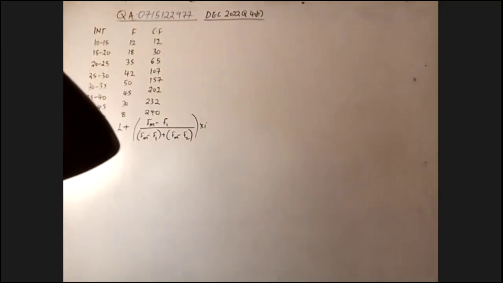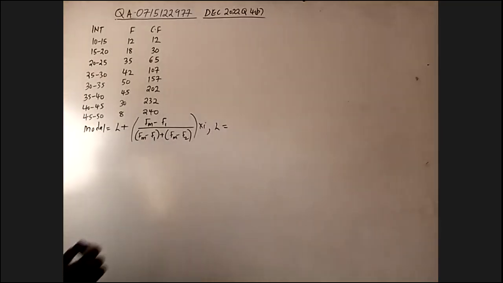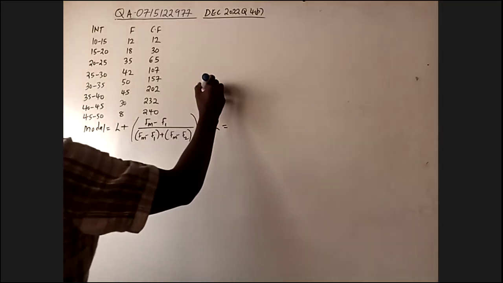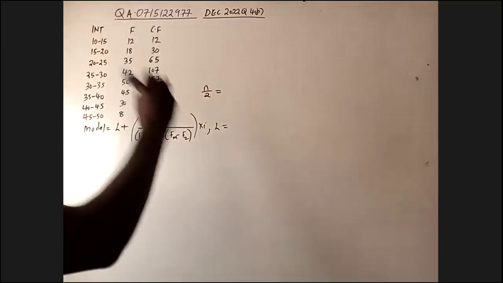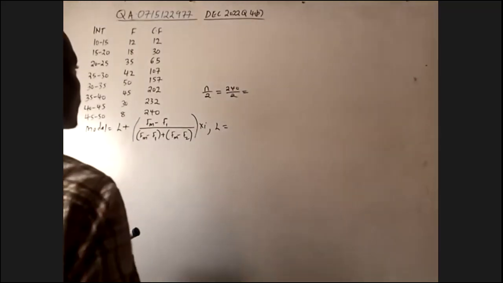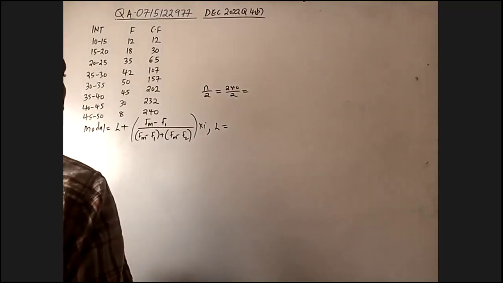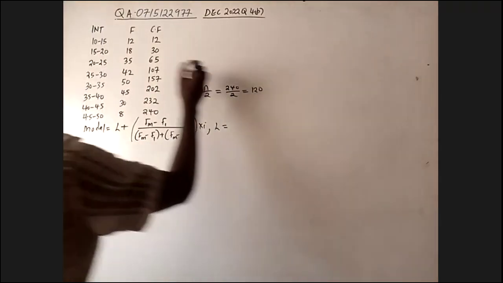Now, before we find our L, we need to find N over 2. N over 2 is how much? 240 divided by 2 is how much? 120. So we shall use this information.